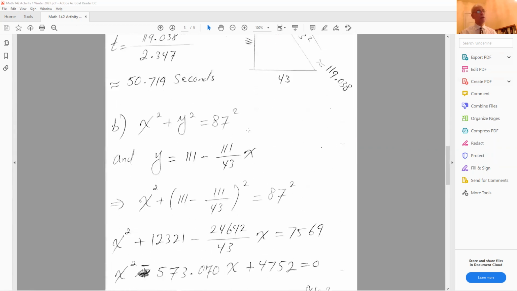So I know for the circular spotlight, I can have an equation of x squared plus y squared equals 87 squared, which is the equation of a circle.